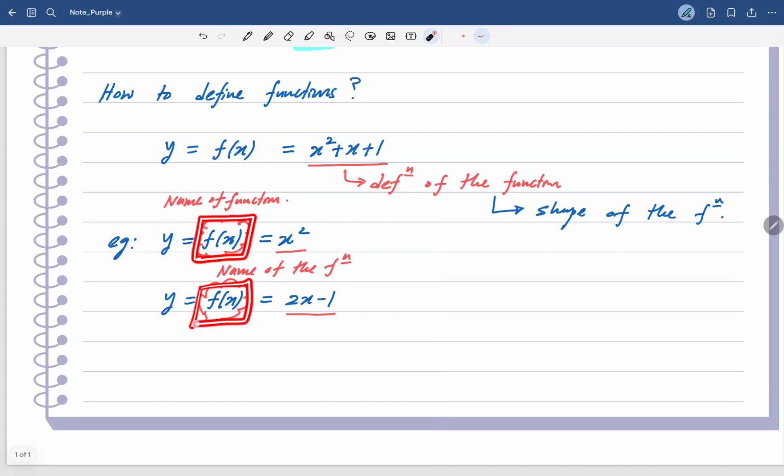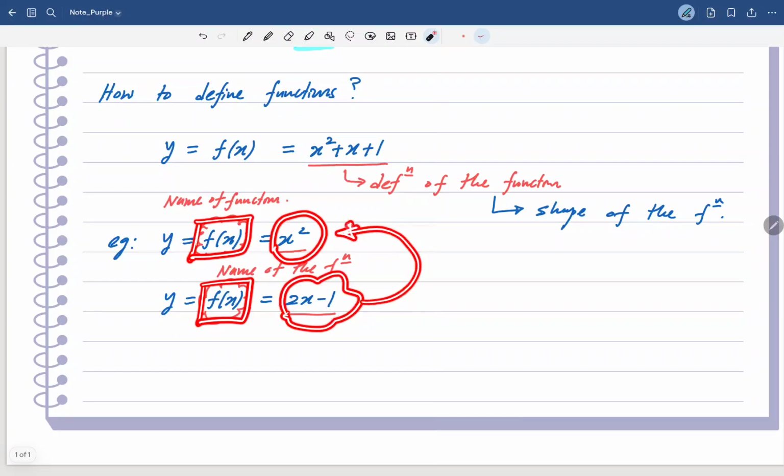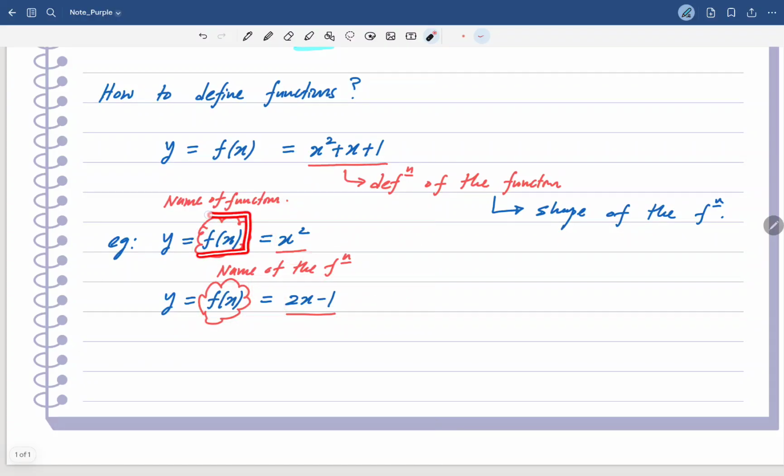Yes, of course. For example, if you consider the name Michael, there can be many Michaels, but their shapes are different. This guy is Michael, but his shape is different. This guy is also Michael, but his shape is different to the previous Michael. So the same name can be there, but the definitions are different.